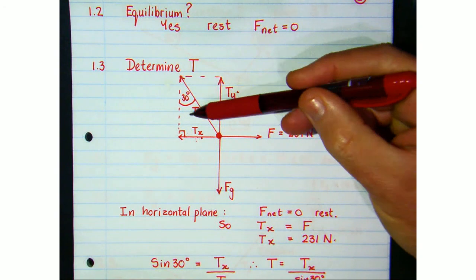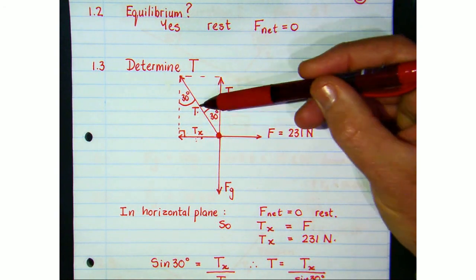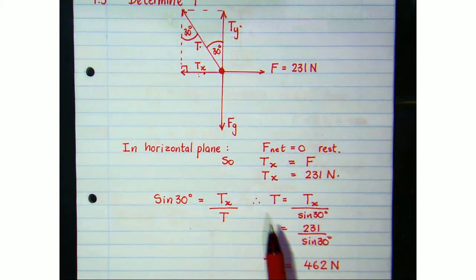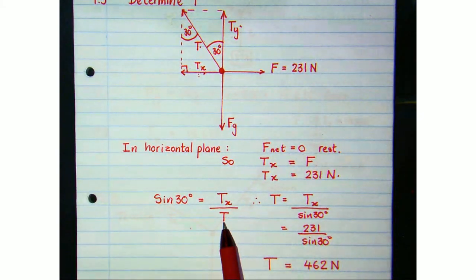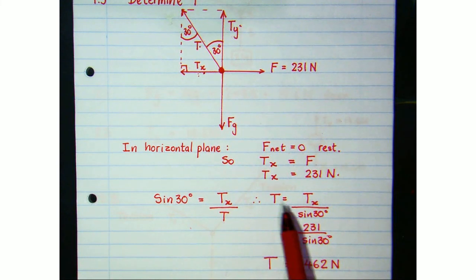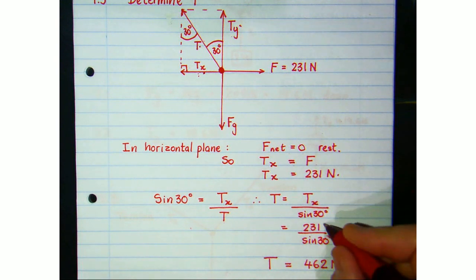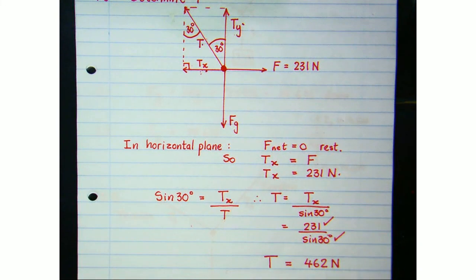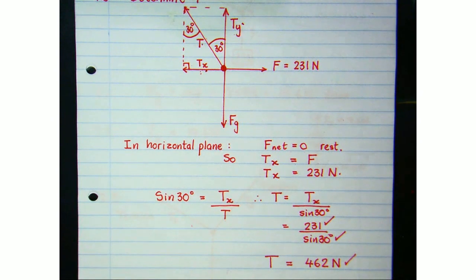So sine of 30 is Tx divided by T. And if we rearrange that, we get T equal to Tx over sine 30. But we already know Tx, and we can calculate sine 30. So if we plug that into our calculator, we find that tension force, 462 newtons.